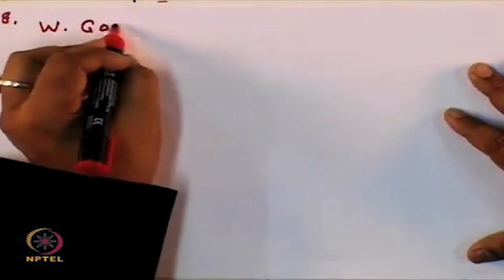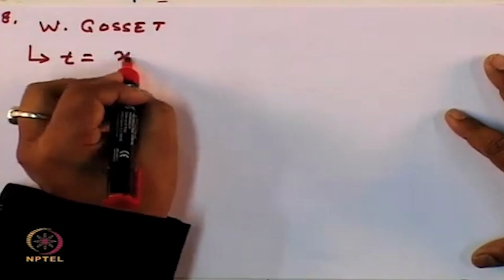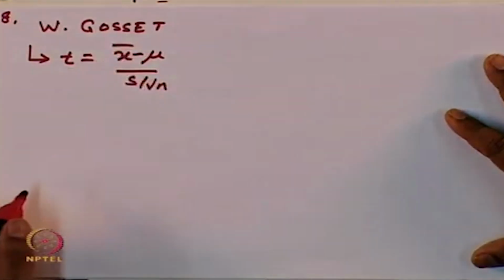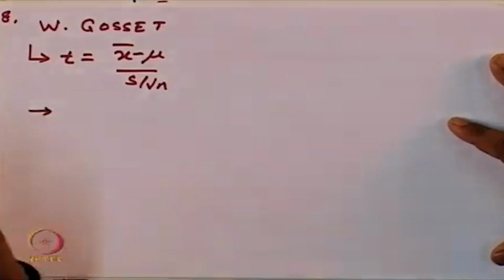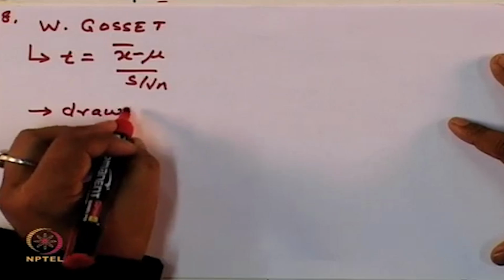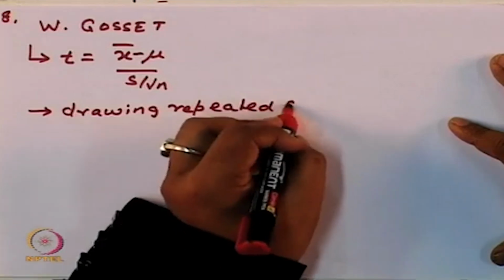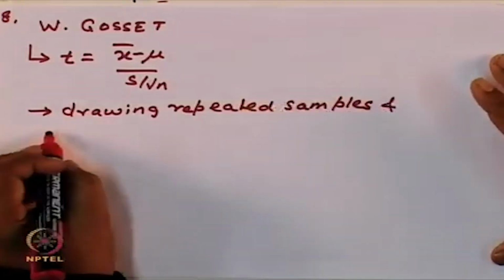So, this question has been addressed by Gossett. He published this study defining T as x bar minus mu by S by root n, and the distribution he obtained. He calculated this T by drawing repeated samples and computing the T value.